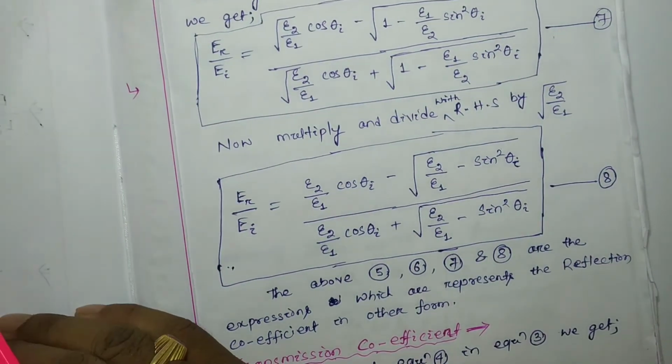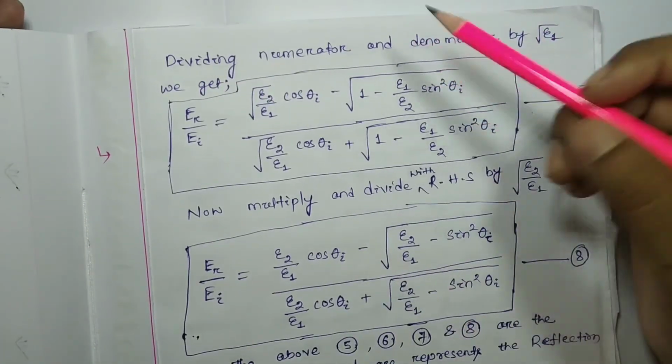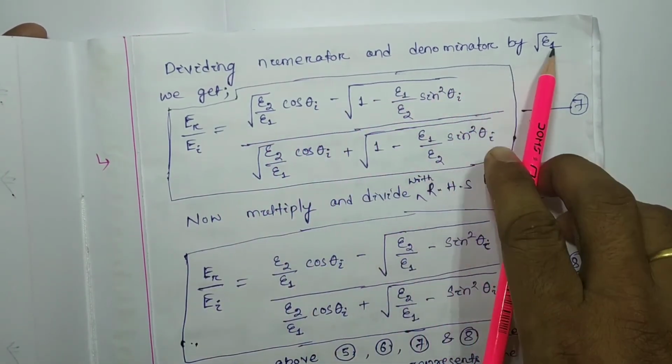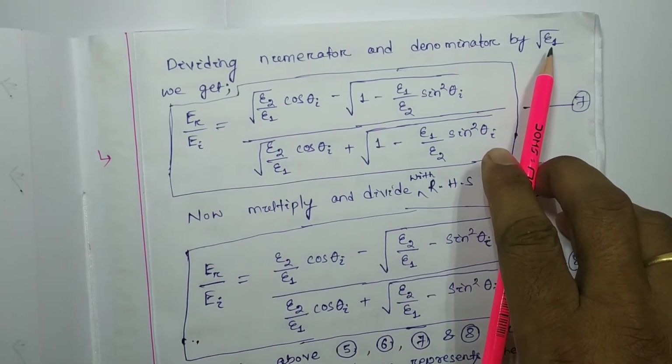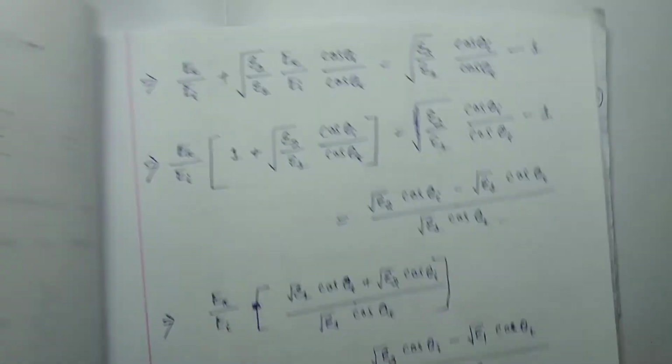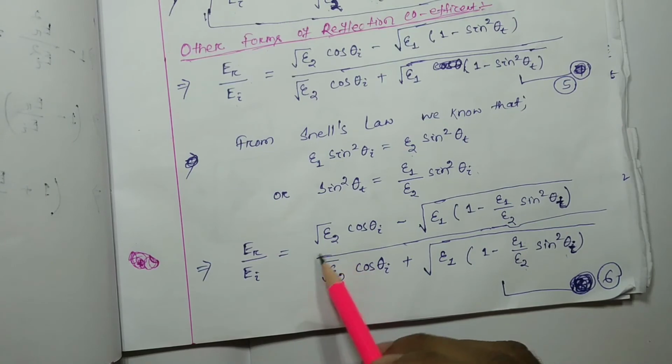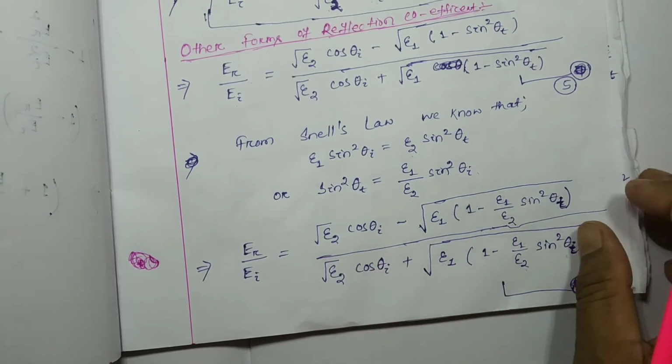Okay, so dividing numerator and denominator by root epsilon 1. That means here we found one form, and I'm going to divide by root epsilon 1 in the numerator and denominator. Then what are we going to get?